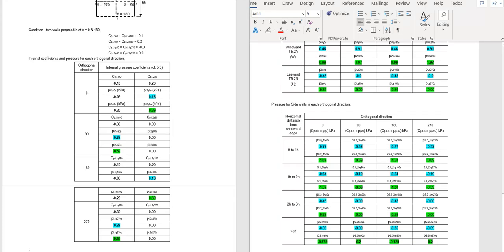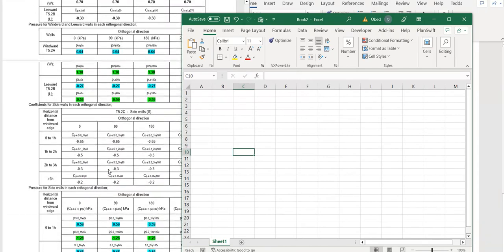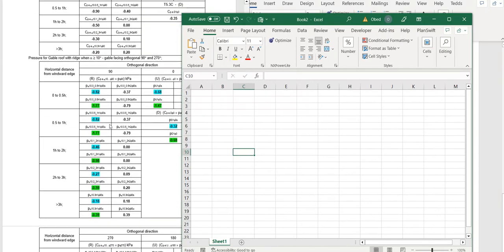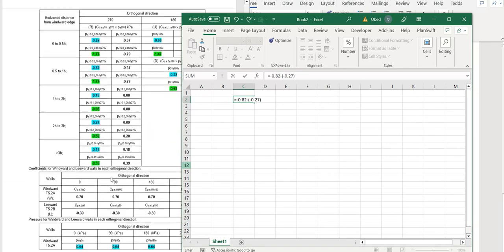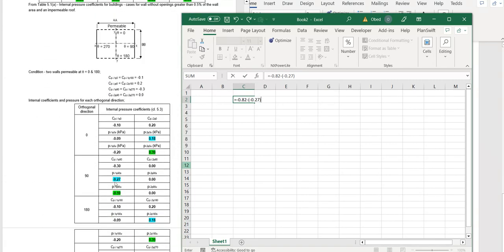So go to my Excel. What's my value here? Negative 0.82. So press equal sign, negative 0.82, which is my external pressure, minus my internal pressure, negative 0.27, at wind 90-degree orientation here.